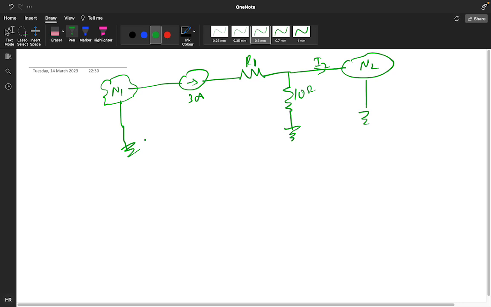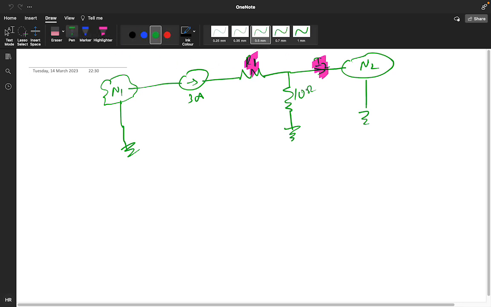In the above circuit, the current I2 is given as 2 ampere, and the value of R1 is also given, that is 20 ohm. What will be the value of I2 when R1 is changed to 10 ohm?